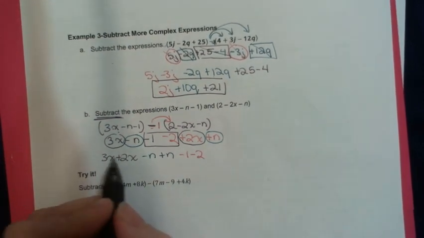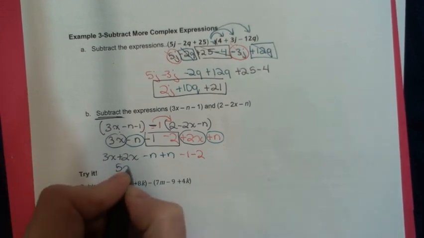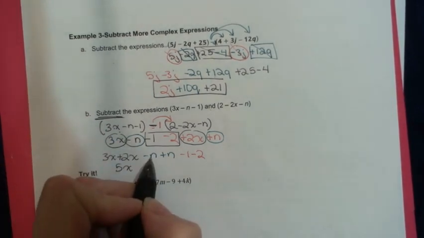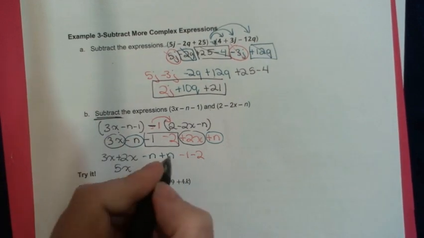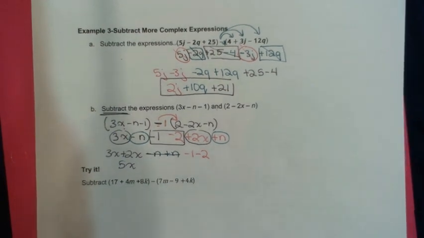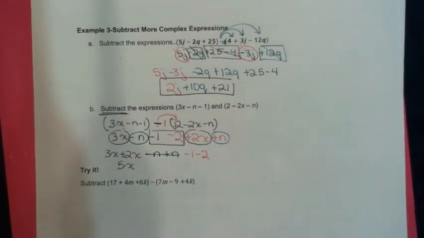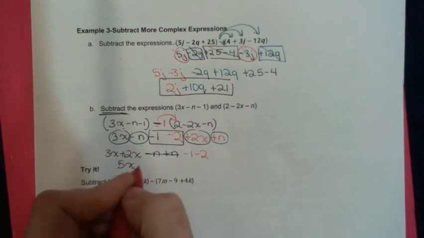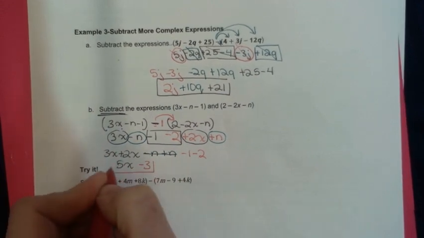All right, so 3x plus 2x will give me 5x. If I had -1n and I add an n, they're gone. A -n plus 1n will be no more n's. So in these cases, we eliminated a variable. -1 minus 2 will give you a -3.